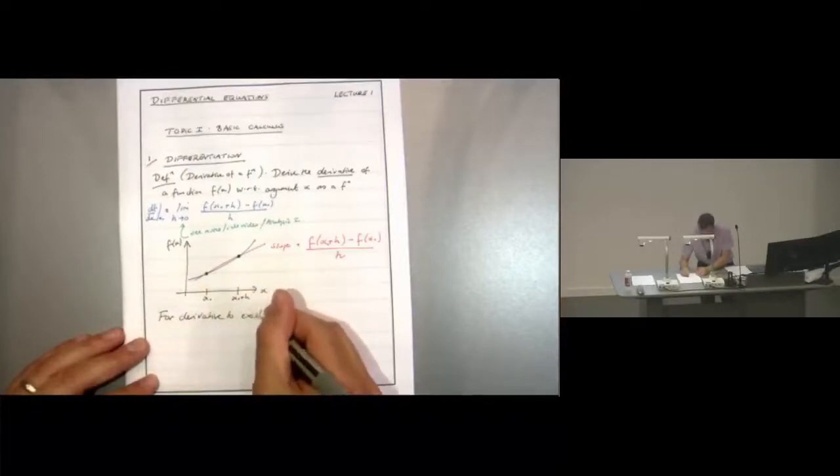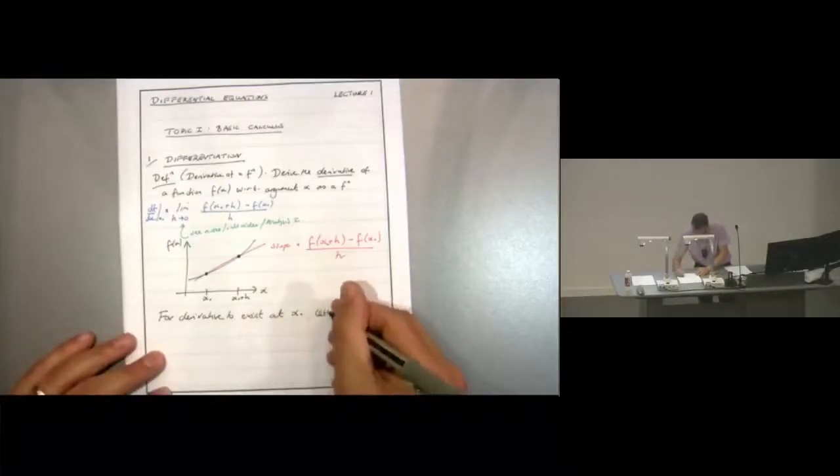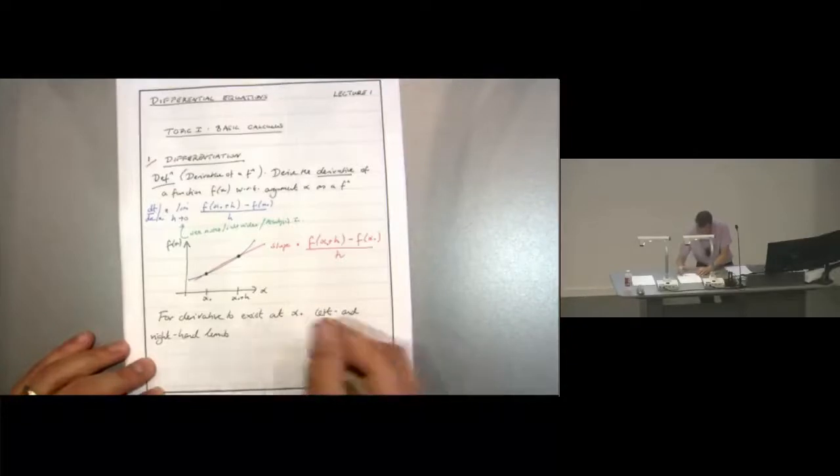Right? So for the derivative to exist at some point x naught, we need the left and right-hand limits, they must exist and be equal.